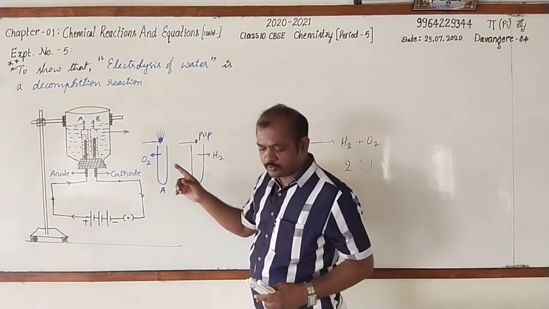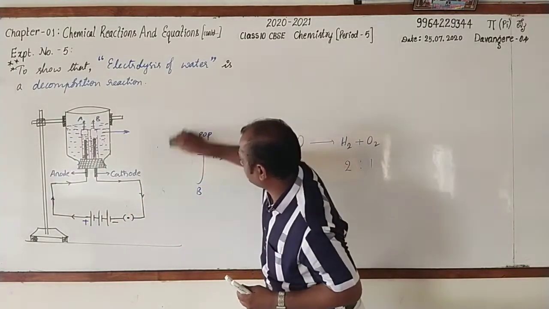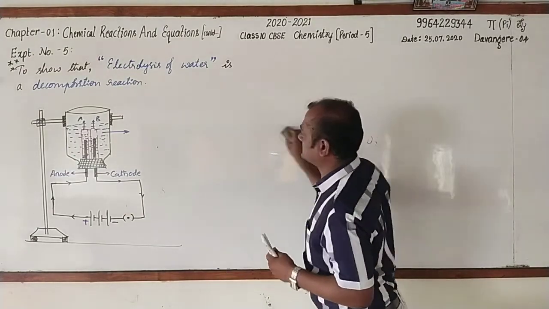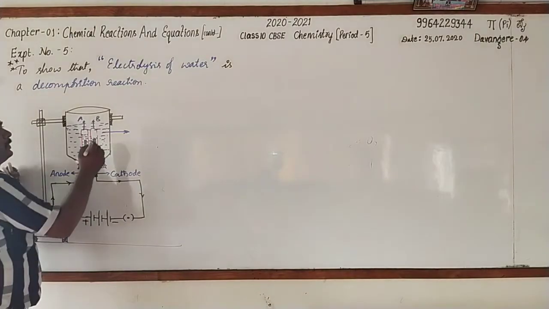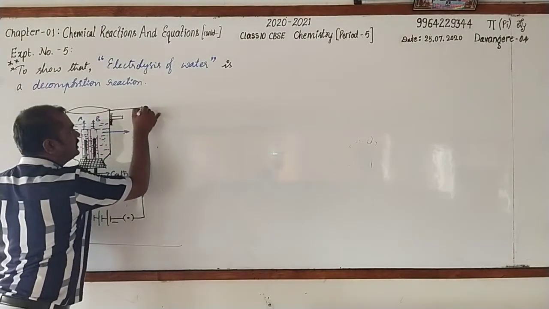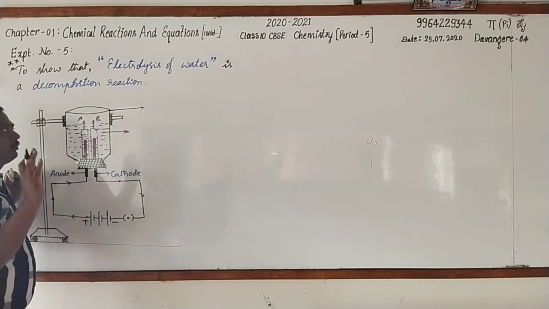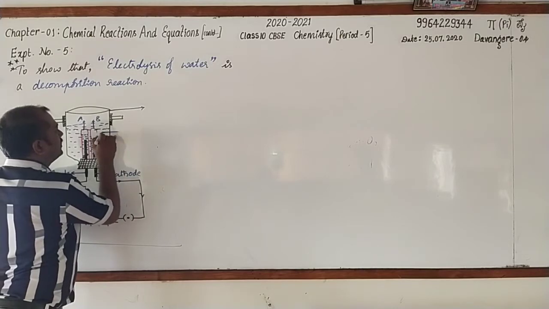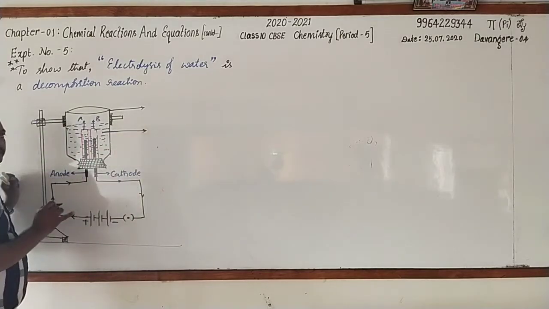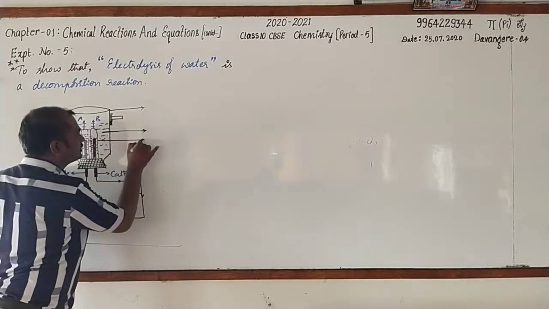Now you will go for drawing this, and before that, let us go for labeling the parts first. What is it? It is a glass bottle with no bottom. Next, this is acidified water. Then what are these? This is a test tube.